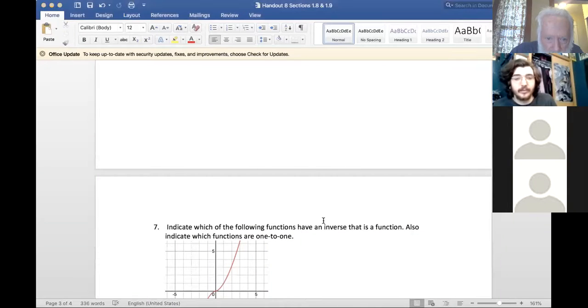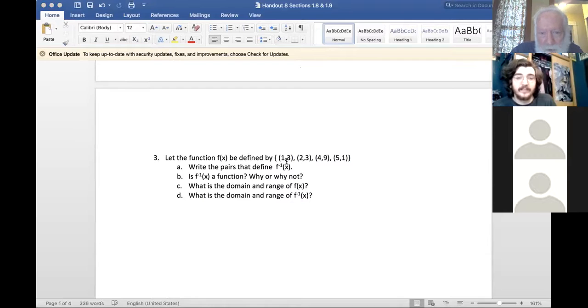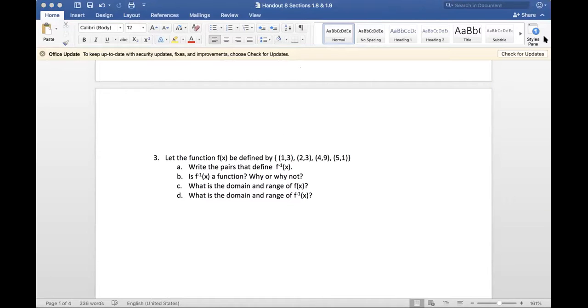Is it limited to just the points it gives? Yeah, it's limited. So if you look at the function, if I just circle this number here, all the first coordinates, the domain is just going to be the domain of f, not the inverse, but of f.